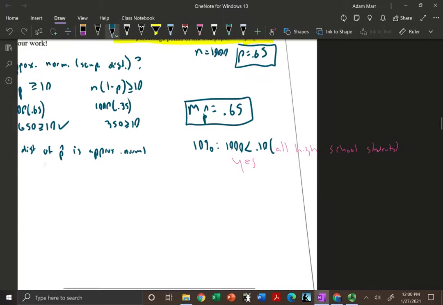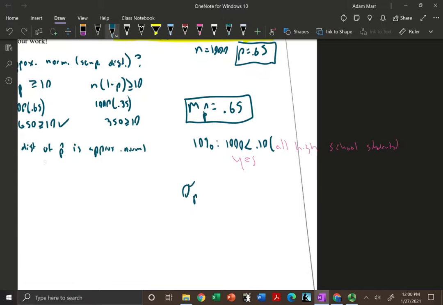So we'll go ahead and get the standard deviation now of the sampling distribution. That's going to be the square root of p times 1 minus p over n. That ends up being, right here, p is 0.65, 1 minus p is 0.35, and n was 1,000.